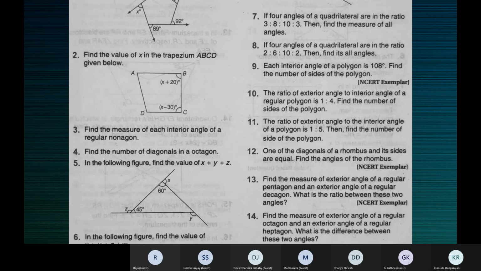So how do you use the linear pair axiom? Ma'am, Z plus 45 is equal to 180 degrees. So Z will be equal to 180 minus 45, which is 135 degrees.